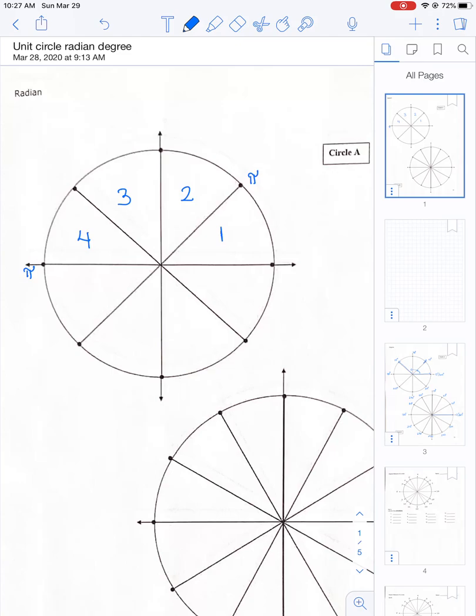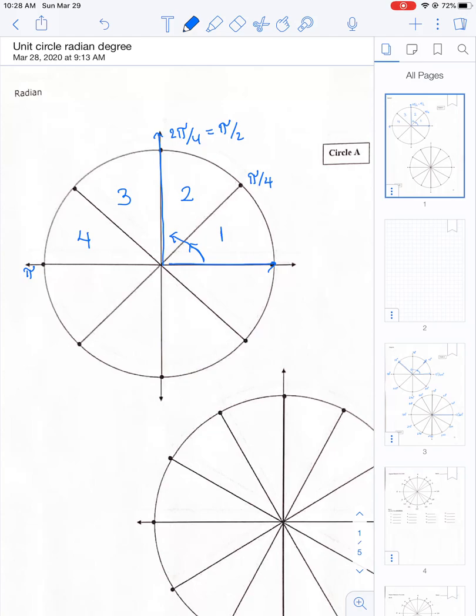So the way that I would indicate a 45-degree angle would be equivalent to dividing pi by 4. Pi over 2 is the same thing as 2 pi over 4. So this is 2 pi over 4 because, the initial side being here, we've now spanned 2 pi over 4, which is the equivalent of pi over 2.